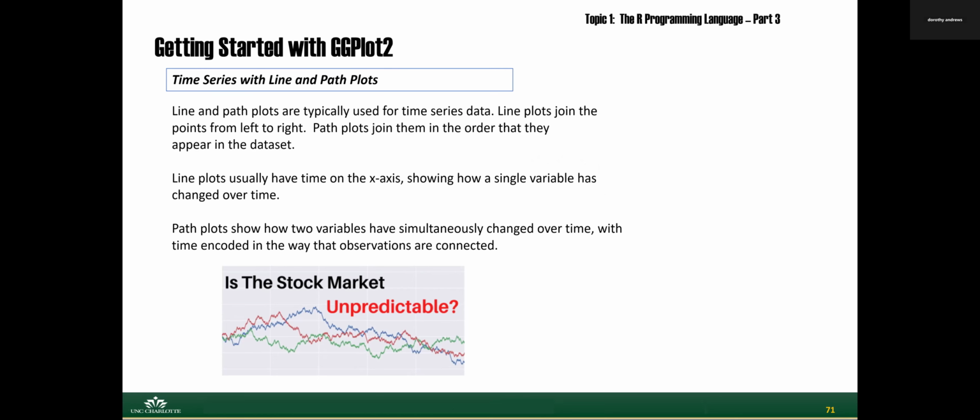There have been lots of books devoted to the randomness of the stock market, and hoping that it truly is random. There's a book called A Random Walk Down Wall Street. If you ever have a chance to read it, it's a pretty good book on this issue.